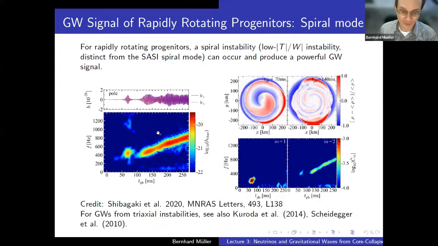Some triaxial deformation in the neutron star or its vicinity might kick in, and then you could get very strong sustained emission that would leave very characteristic signatures in the spectrogram and tends to be a lot stronger than what you usually see from convection or the SASI alone. So if you find a supernova that has an unexpectedly large gravitational wave signal, this might be what's behind it. Rapid rotation and some form of triaxial instability.